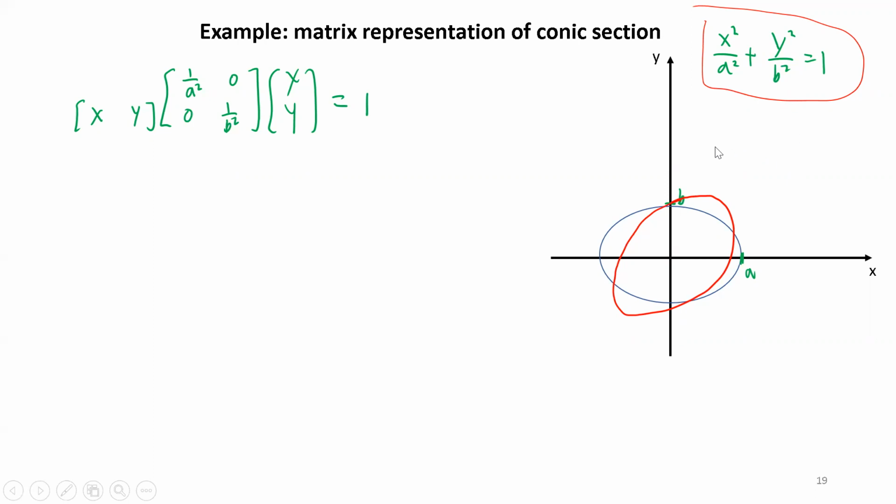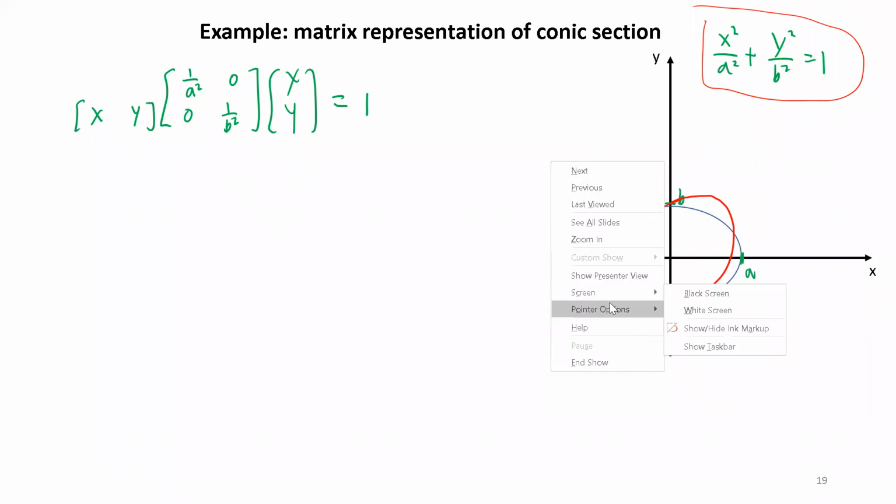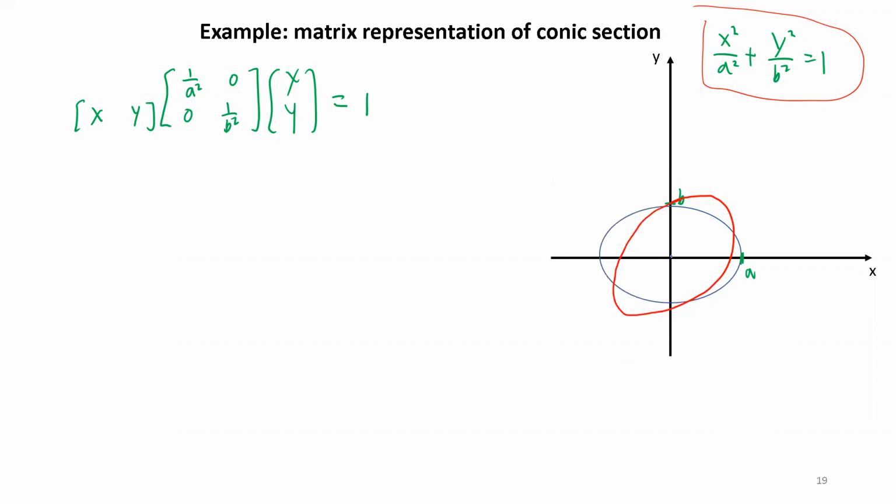So now, if we consider another coordinate system that looks like this, that still follows along the two axes of the ellipse. Right. So I have this new coordinate system. Okay. So in this new coordinate system, then the ellipse itself is not tilted.